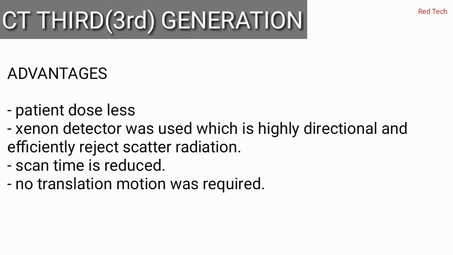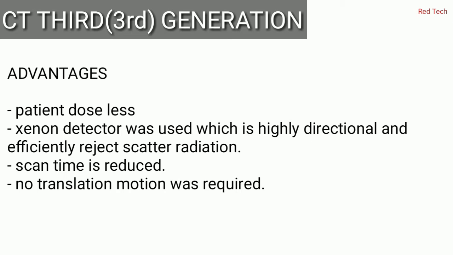Now let's talk about advantages. Patient dose is less, and xenon detectors were used, which are highly directional and effectively reject scatter radiation. And as the number of detectors increases, the scan time is reduced. As we have seen in the second generation, as the number of detectors increased, the scan time reduced to 10 seconds.